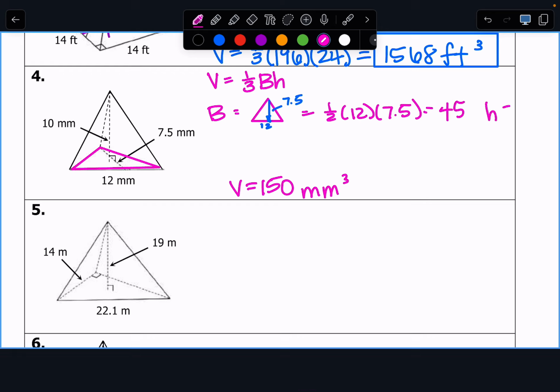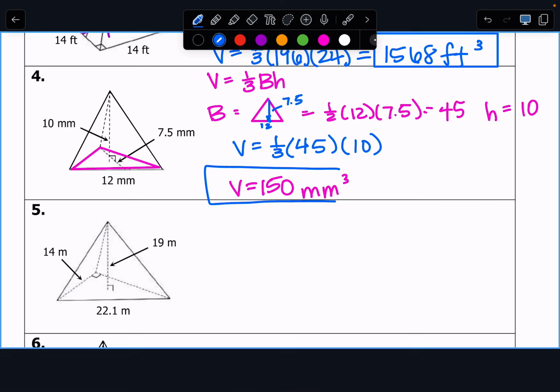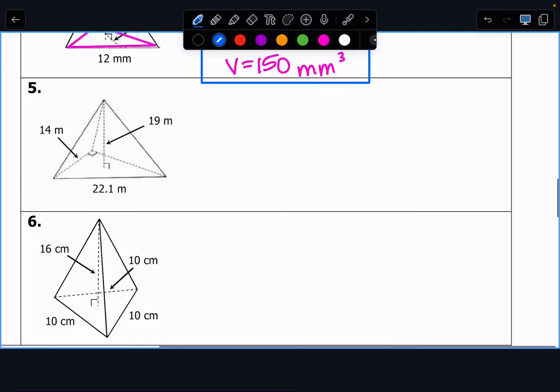And the height of our pyramid is 10. So then we have to do 1/3 area of the triangle times 10. All right, now look at number 5.